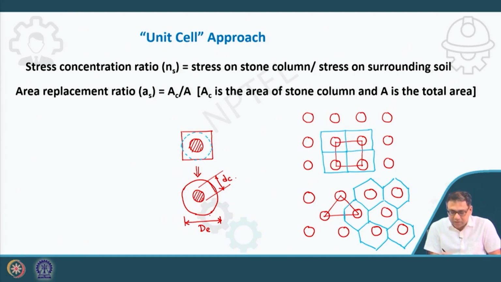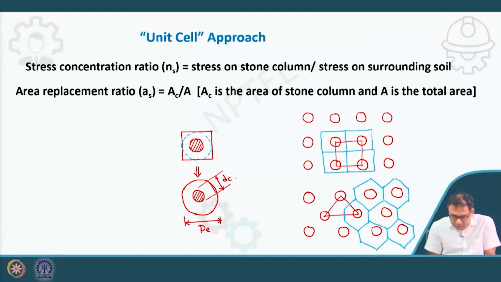This is called the unit cell. We are basically taking one particular column and its surrounding area, and then analyzing that. Now here you can ask how I will calculate the diameter of this equivalent circle. I am doing it for the square grid. Similarly it can be done for the rectangular grid, triangular grid and hexagonal grid also. I have not shown the hexagonal grid here, but I am talking about the square grid and the triangular grid.